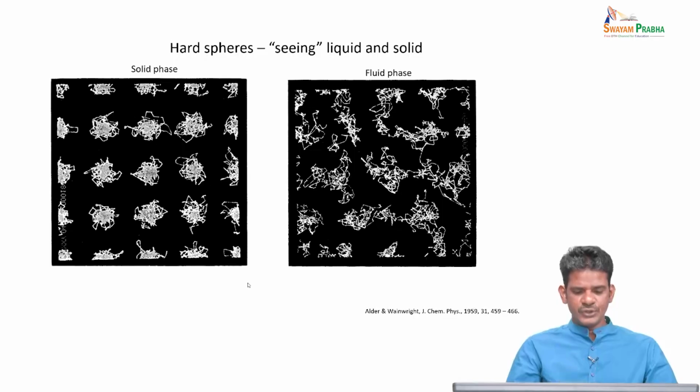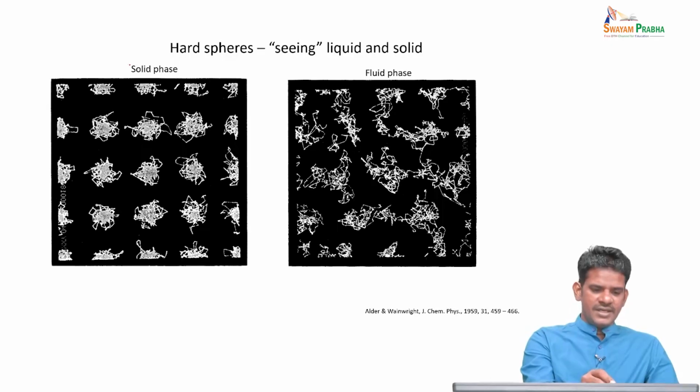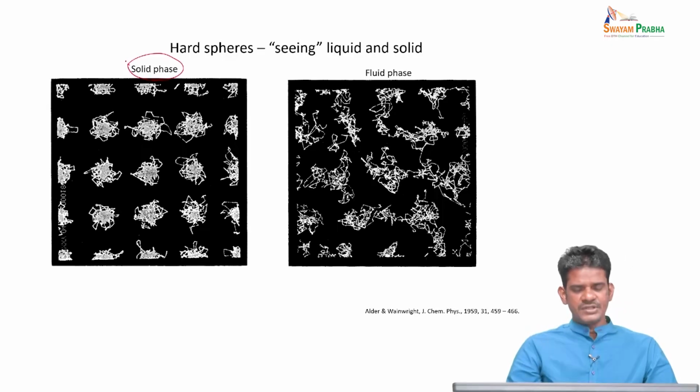So now I want to show some pictures of how MD simulations have been important in giving some physical, deeper understanding of materials in general. So here I have deliberately taken examples from one of the first few simulations in the literature. If you look at this particular picture, on the left hand side is a dynamics of a solid phase.